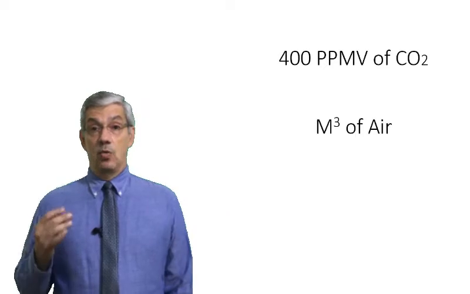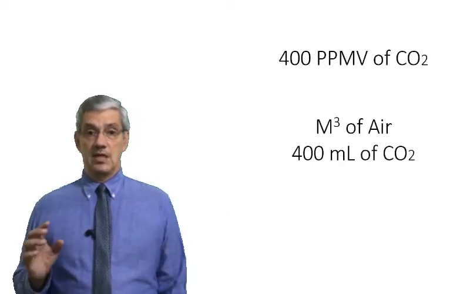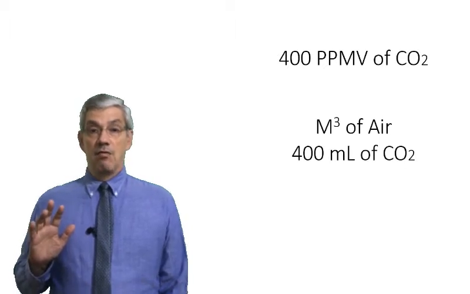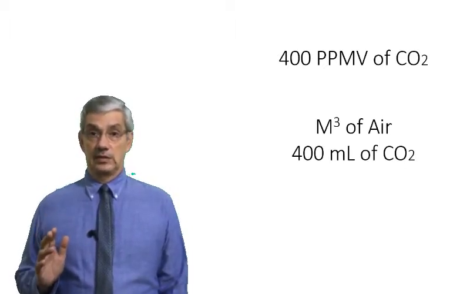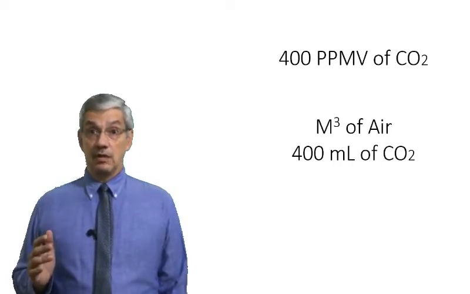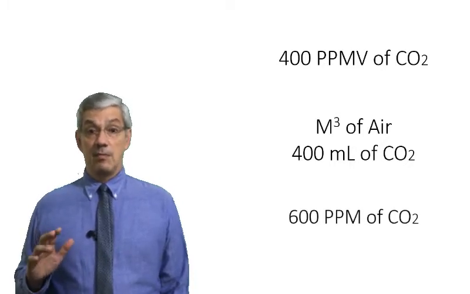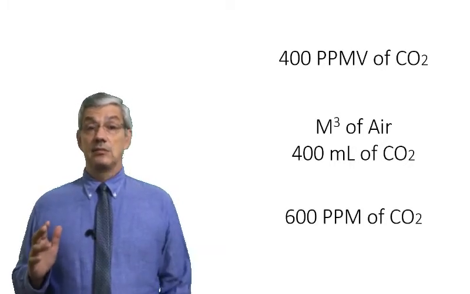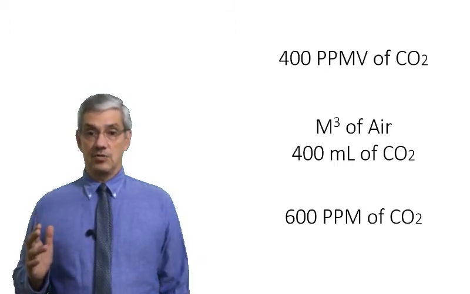That means that 1 cubic meter of air contains about 400 milliliters of carbon dioxide. If you convert that to ppm by weight fraction, it will give about 600 ppm of carbon dioxide in the atmosphere.